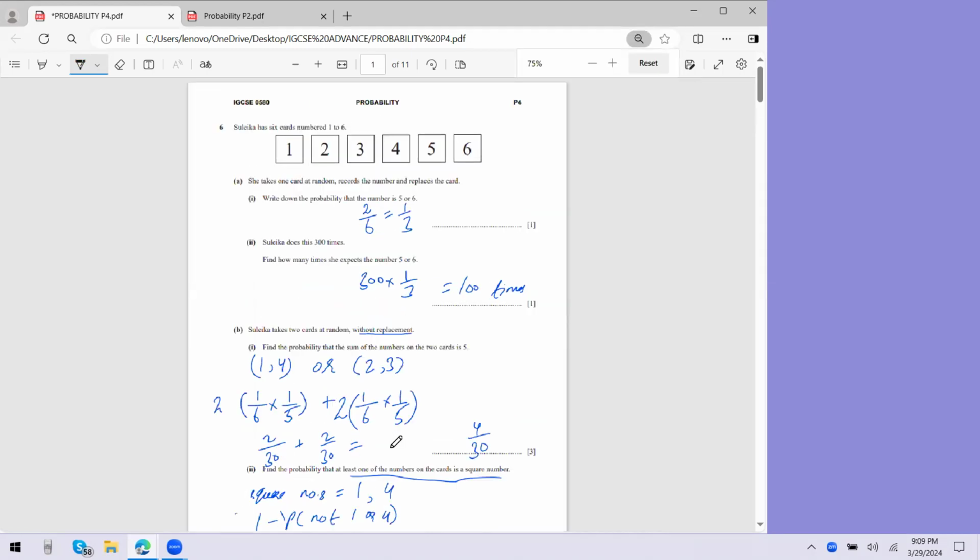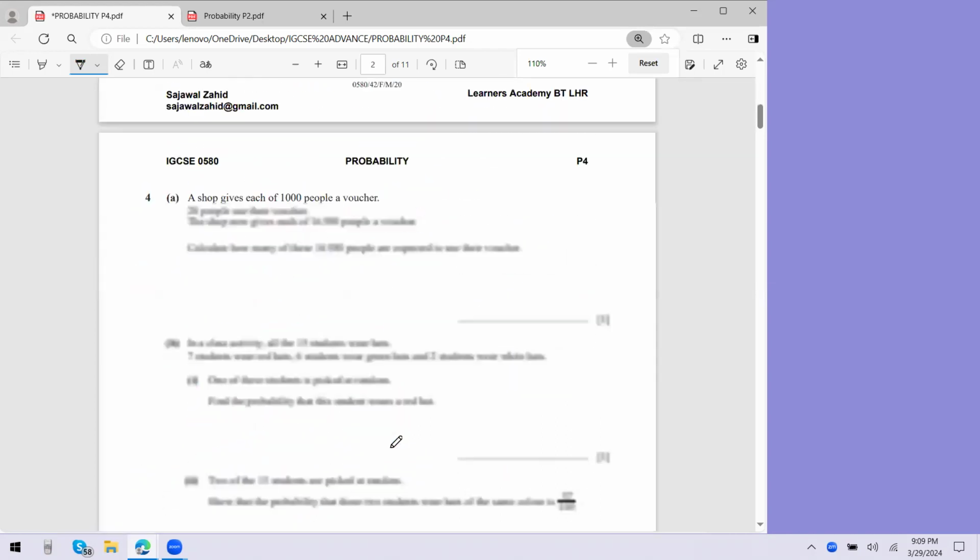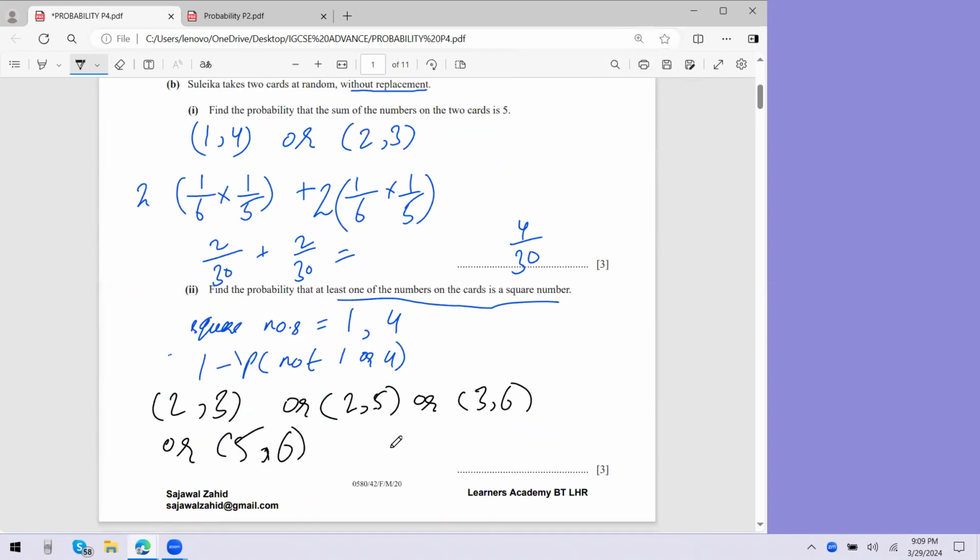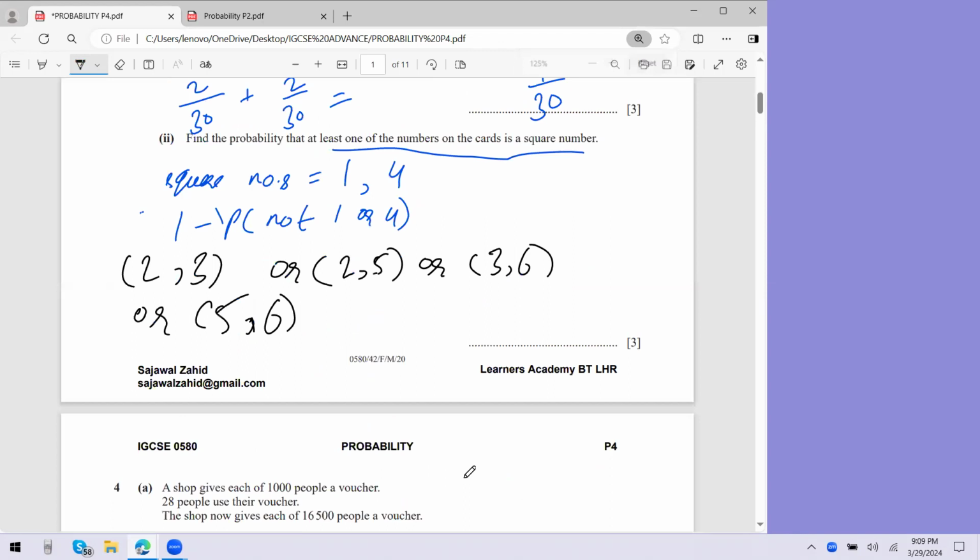Okay, so let's now find the probability of these. Probability of being 2 and 3, without replacement, is 1 by 6 multiplied by 1 by 5 multiplied by 2. Similarly, all the remaining combinations have the same probability. This plus another this plus another this, another this. So rather than saying 2, how many brackets are here? 1, 2, 3, 4.